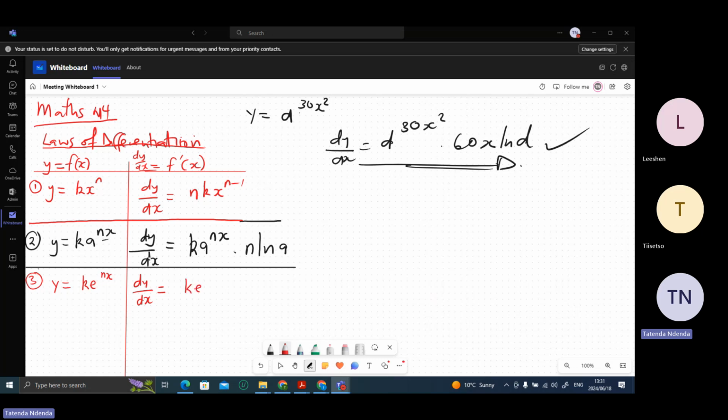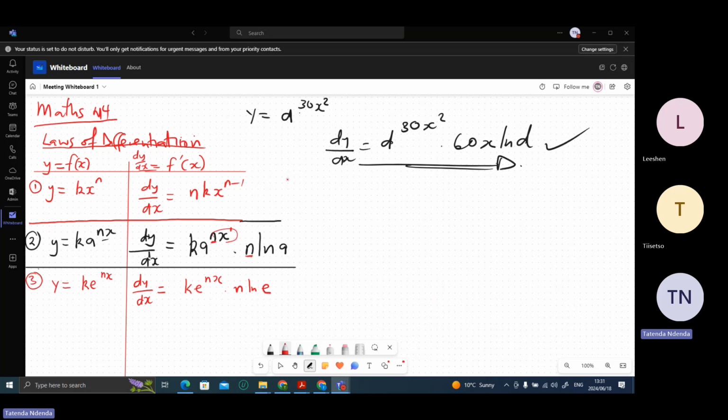So it's going to be ke to the power of nx multiplied by n ln e. Okay. Here, guys, we need to understand something very, very important. You see this n here, and here we are having it as n as well. It only happens if this x is to the power 1. But once x becomes to the power 2, whatever, this n now becomes the derivative function of this function here.